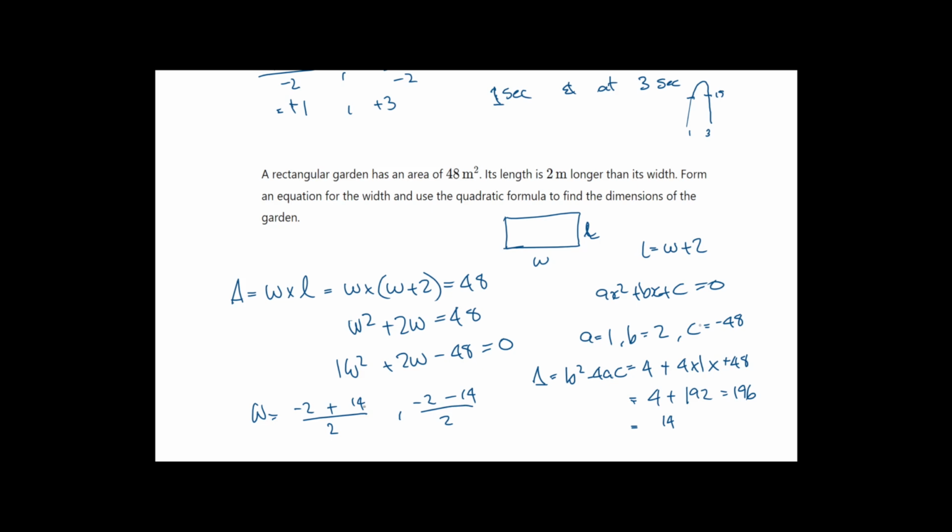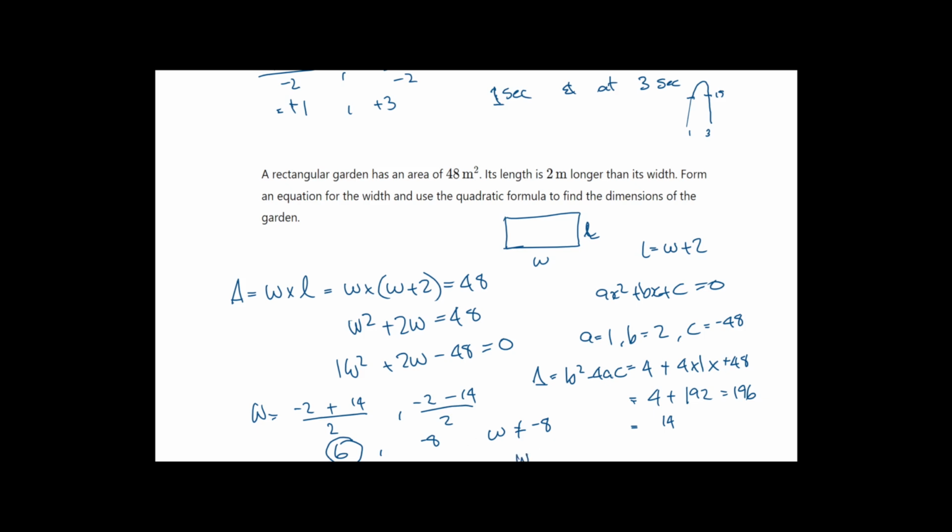So minus 2 plus 14 is 12, divided by 2 is 6. And this one here, minus 2 minus 14 is minus 16, divided by 2 is minus 8. Now the width cannot be negative 8. You cannot have a negative distance. So the width must be 6.